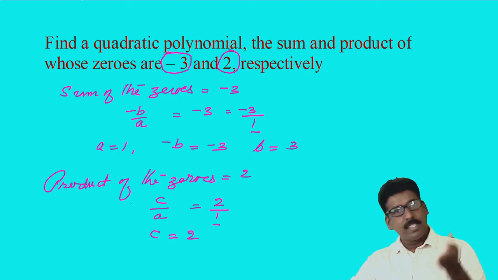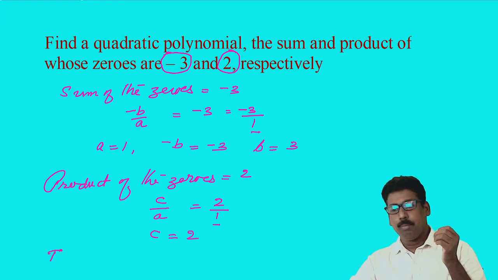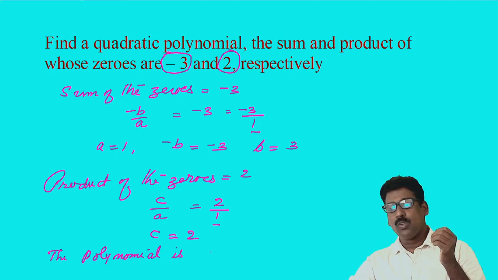Now just substitute these values in the standard form, so you can write the polynomial is ax square means 1 x square plus b is equal to 3, so it is 3x, and c is equal to 2.